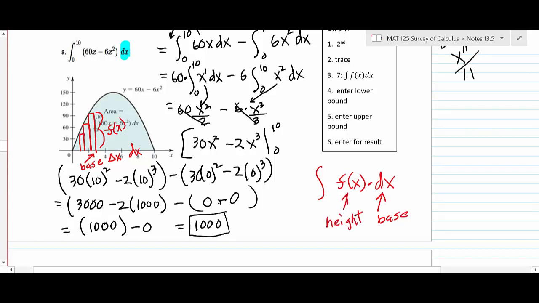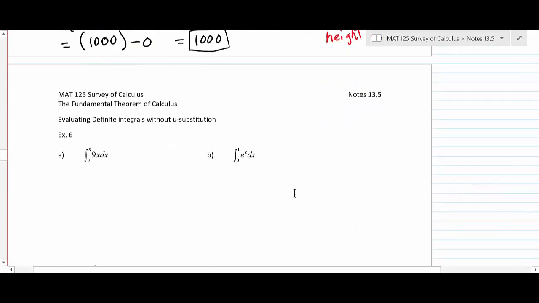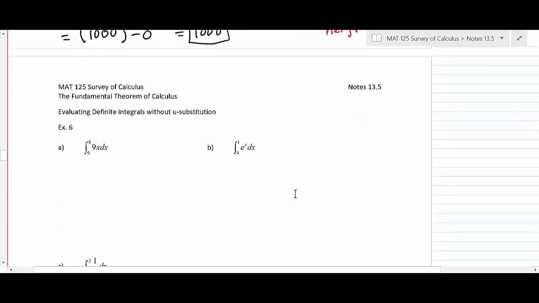Okay, that's what you're doing. It's base times height. The height is the function value, the base is the dx. That's why it's there. Okay, that's the idea. All right, so it's kind of nice to begin to get an idea of what that dx is doing. Okay, next page, let's crunch out some integrals.